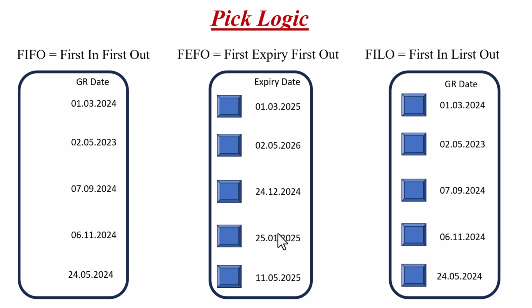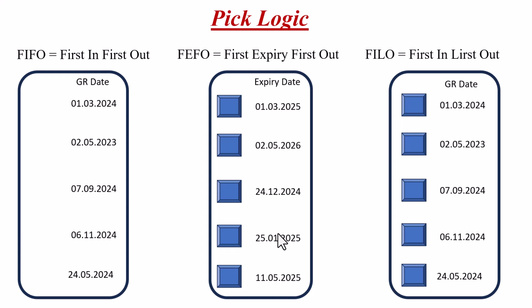FEFO exactly works in this manner. This FEFO pick logic works to issue the products which are going to expire very soon. Among these five products which we have seen in the second diagram, the third product is going to expire in the year 2024. So that has to be issued to the customer as soon as possible before it expires.